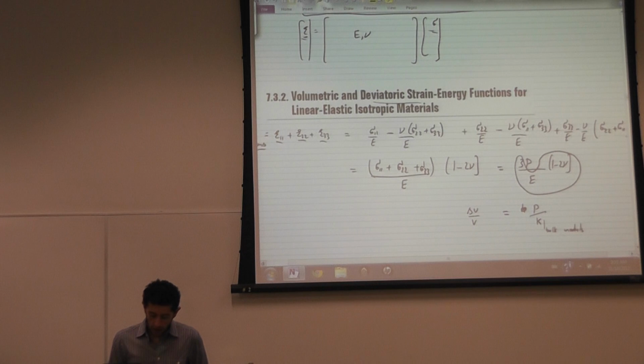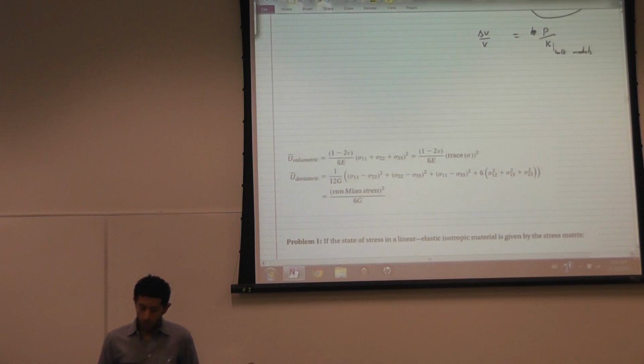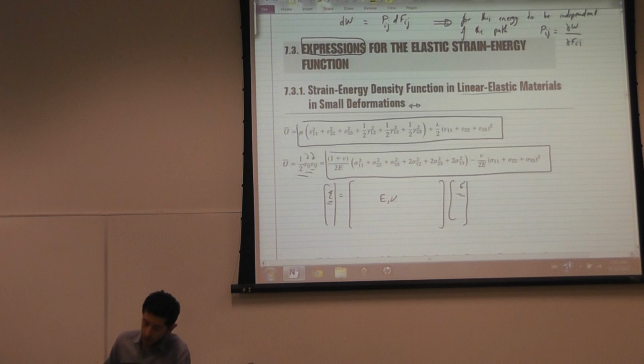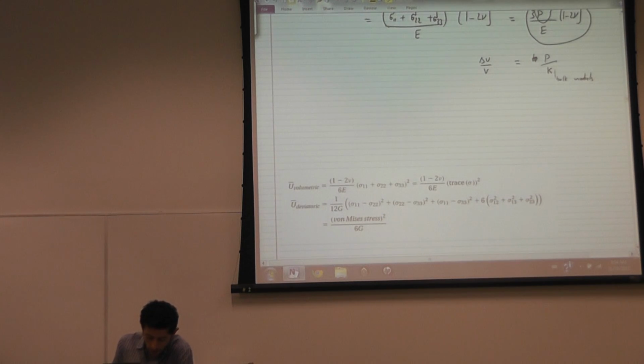Now when you look at the strain energy, I'm just going to look at the strain energy. When you look at the total energy, you can divide it into two components, so the expressions above can be written as follows.